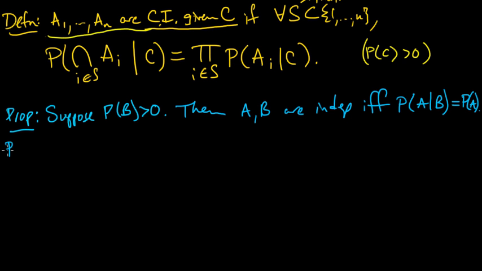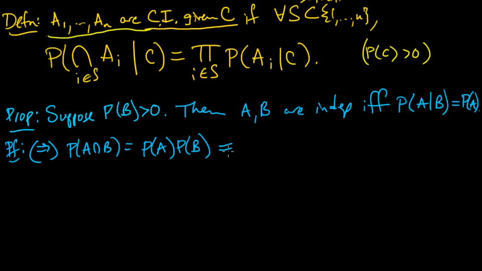So let's give a little proof. So first we'll prove this implication. We have two implications we have to prove. So if A and B are independent, then we have the probability of the intersection equals the product of the probabilities.